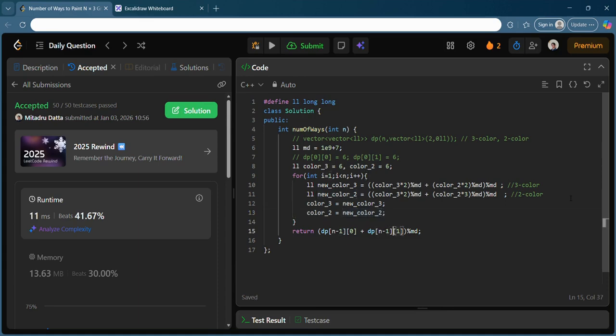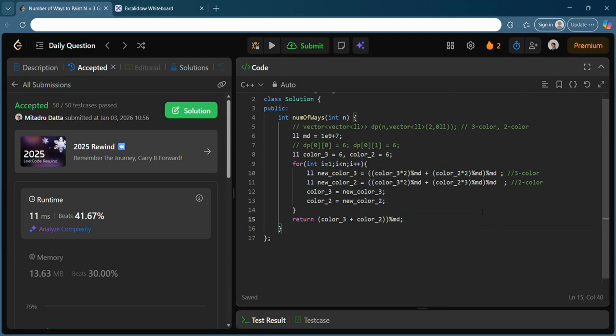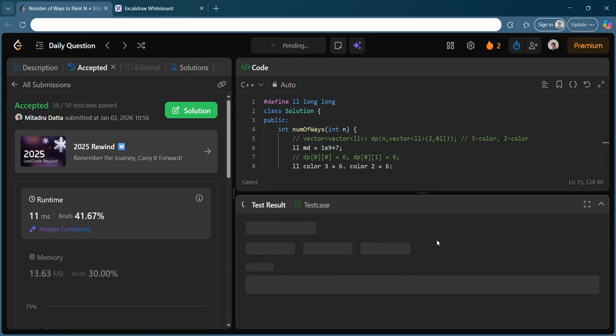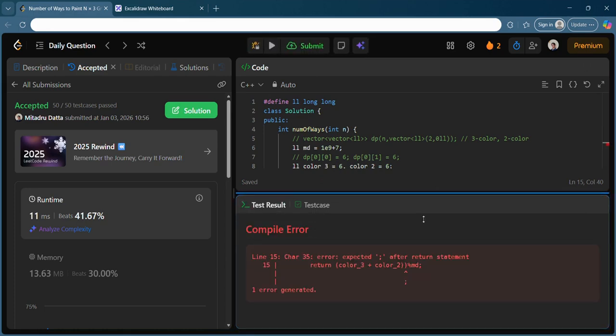And at the end you can simply return color2 plus color3. I hope that is very clear, and it's very simple and easy to do. So let's try to run and check if it works.